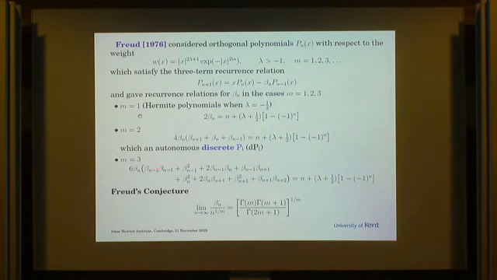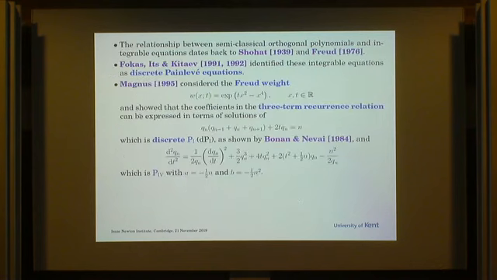This is explicitly what he did. And he made the conjecture that the limit of Bn over n to the 1 over m was this number here. Presumably for higher m, that's a higher order discrete Painlevé equation. Yes, presumably. I'm going to say a little bit more about that. You're going to see one. Okay, so this is what Freud did.